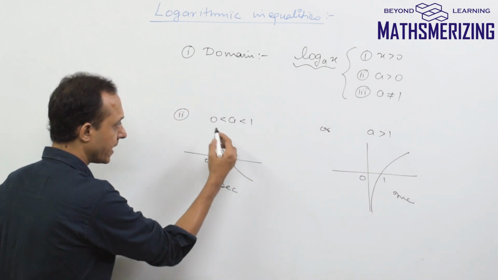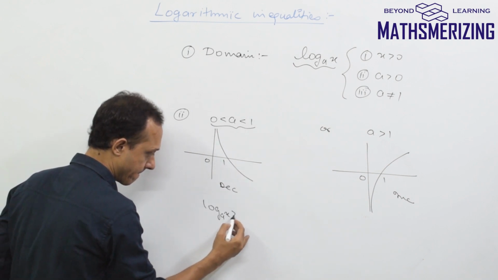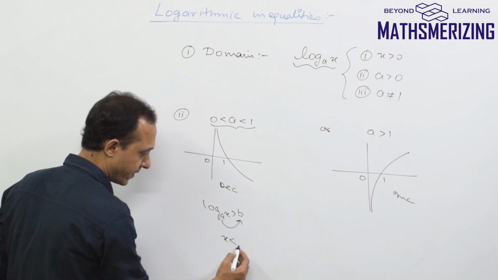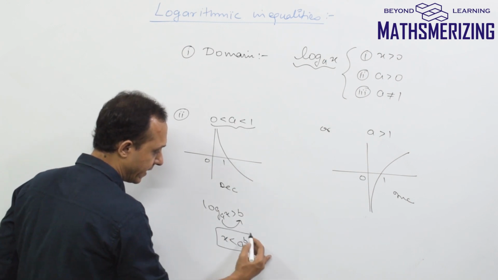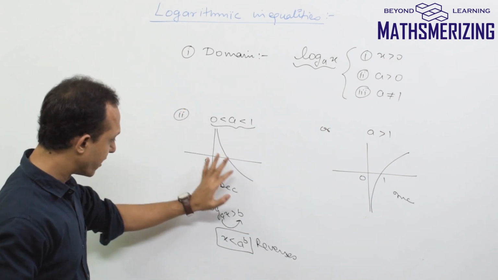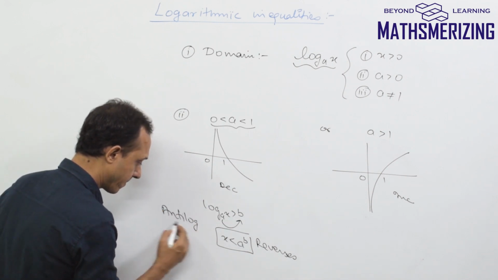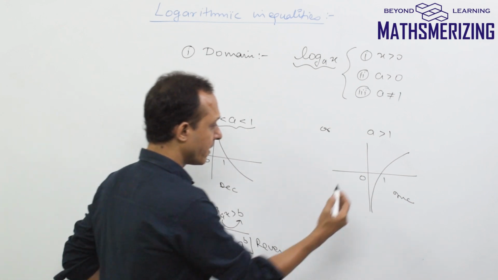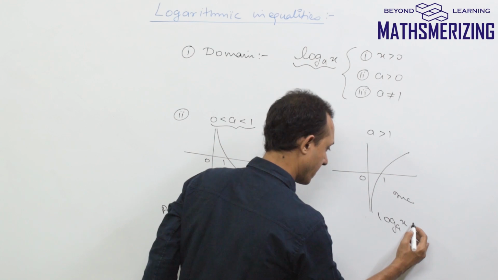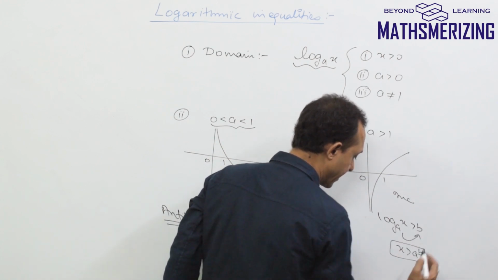Now, if the base lies between 0 and 1, and if I take anti-log, then the sign of the inequality reverses, because it is a decreasing function. And if it is an increasing function, and if I take anti-log, the sign will remain the same.